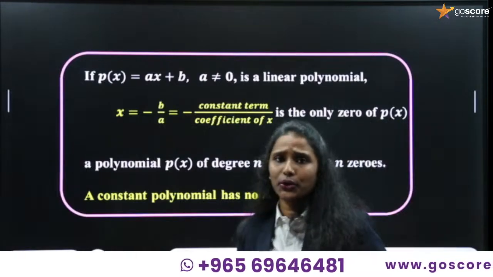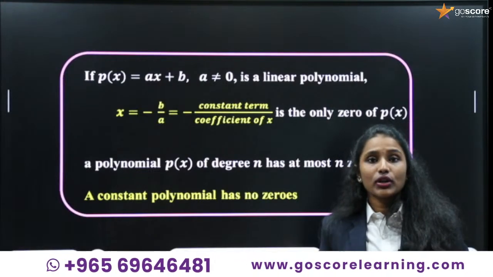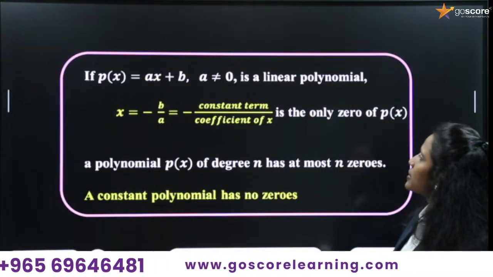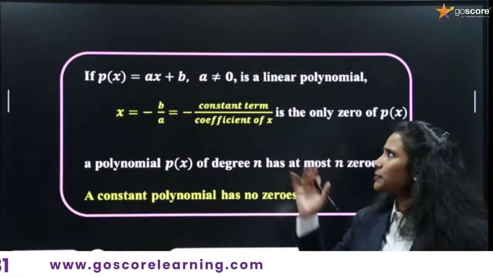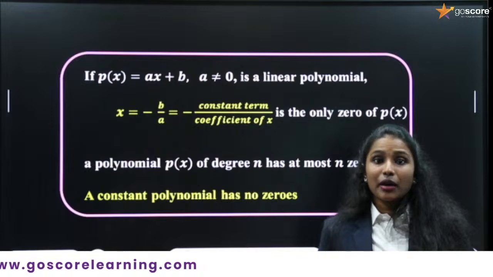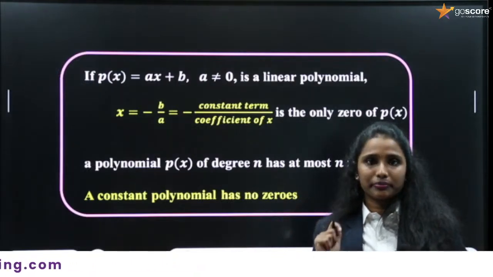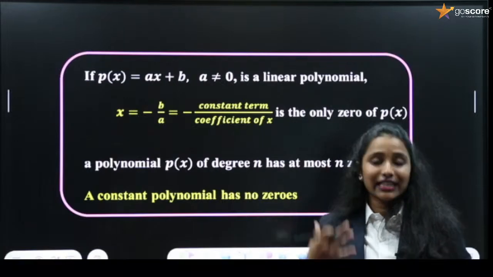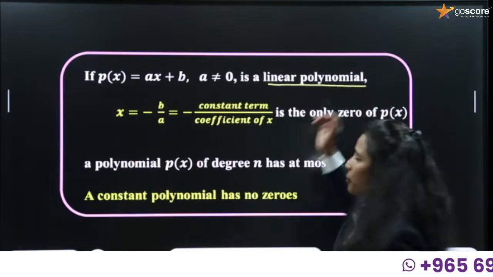Zero of a polynomial, if it is a linear polynomial. What is a linear polynomial? Simply saying, p of x equal to ax plus b is a linear polynomial. Why is it a linear polynomial? Because the degree of that polynomial is 1. If a polynomial has degree 1, then that polynomial is known as a linear polynomial.